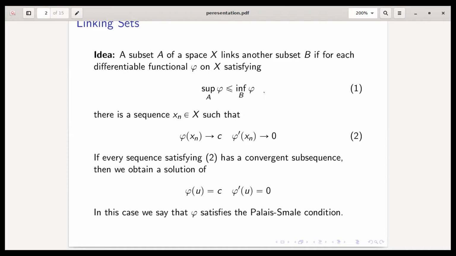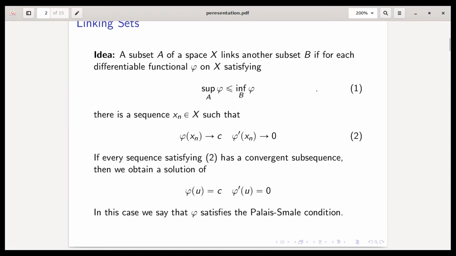So far, different notions of linking sets have been introduced: homotopical, cohomological, isotopic, and so on. But essentially, the idea behind all of them is that a set A links a set B if A cannot be continuously shrunk to a point without intersecting B. And this implies that A links B in the sense that I said earlier.